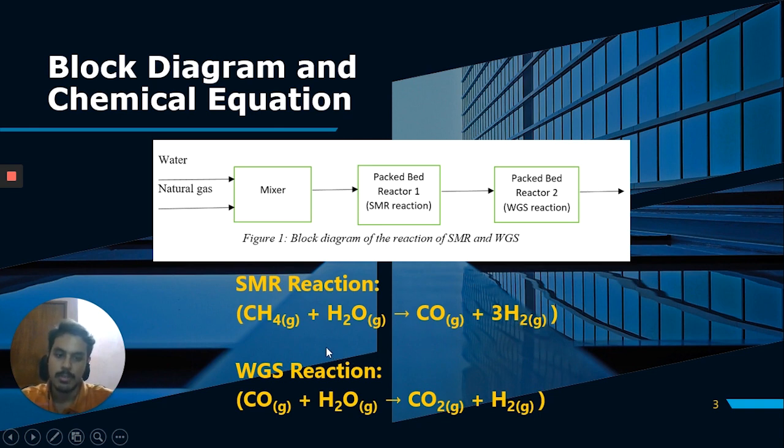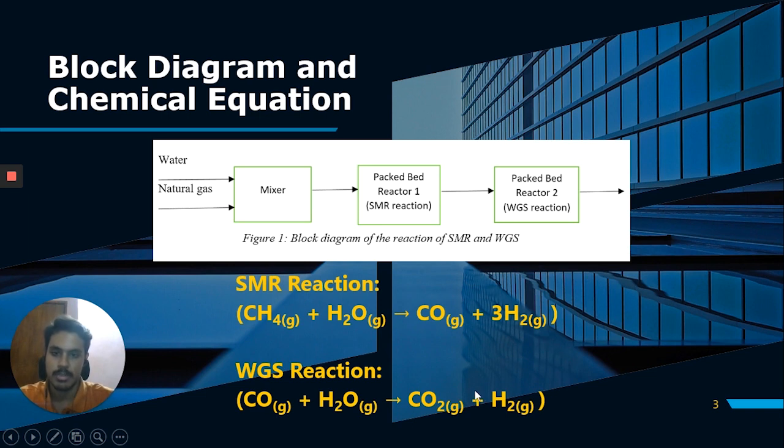And the carbon monoxide will then further undergo the water gas shift reaction. This water gas shift reaction is as follows: carbon monoxide in the gas phase reacts with water in the gas phase to produce CO2 and H2 in the gas phase.